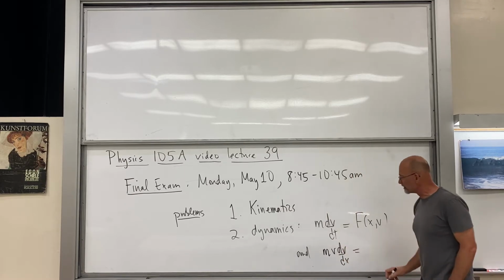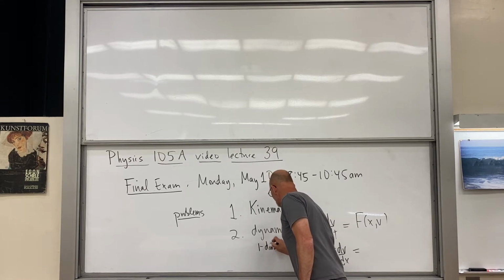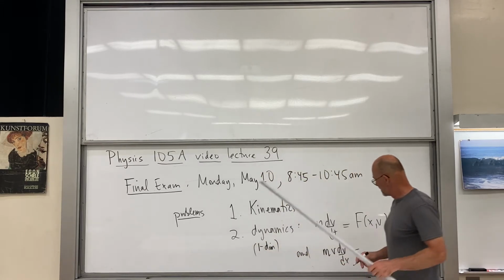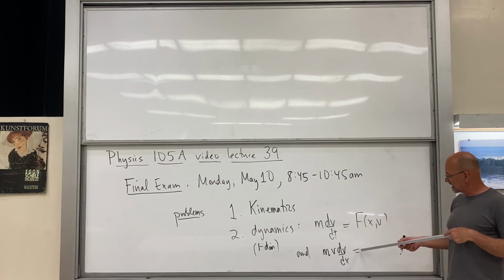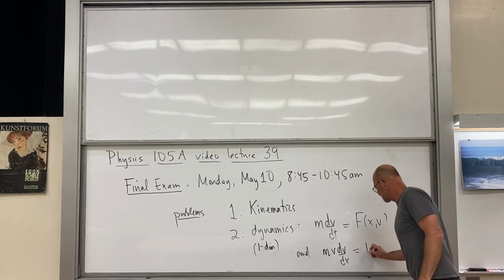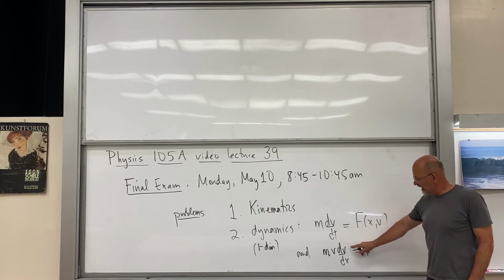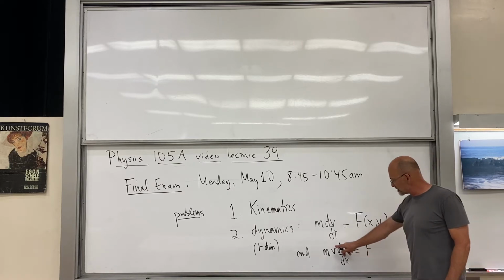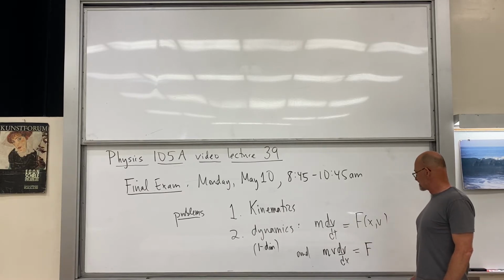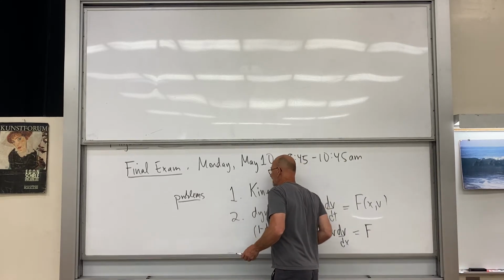In a one-dimensional problem, that's what I should have said here, one dimension. m v dv/dx, that's your m dv/dt, right? We use those under circumstances where we don't need to know about the time. We're just looking at position and velocity behavior. Good, so that's similar to what we had last time.